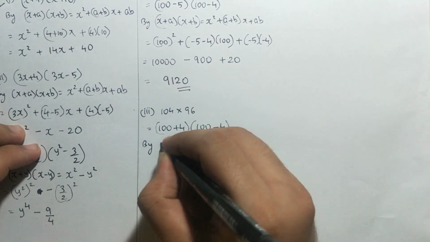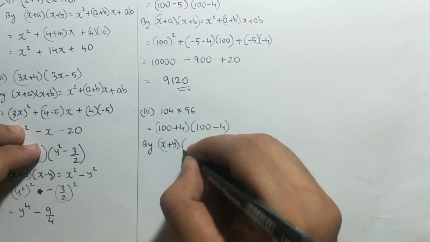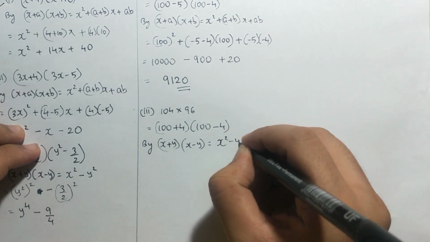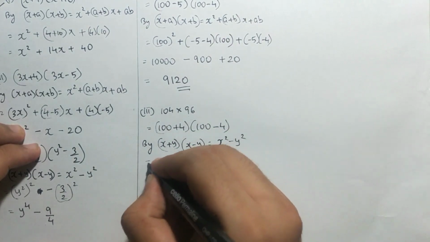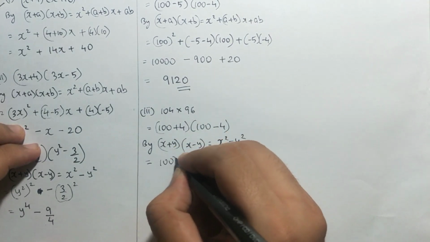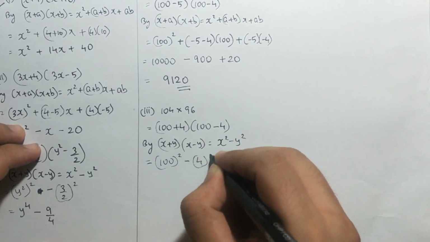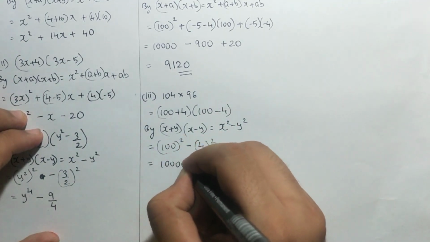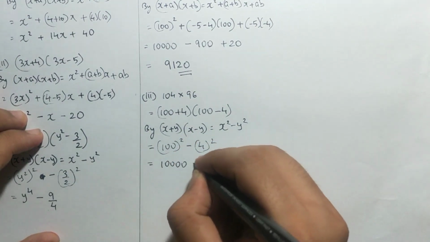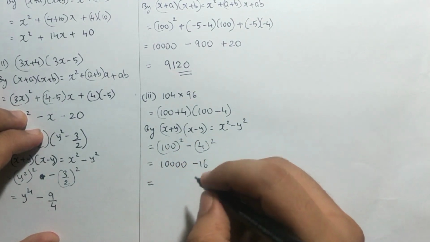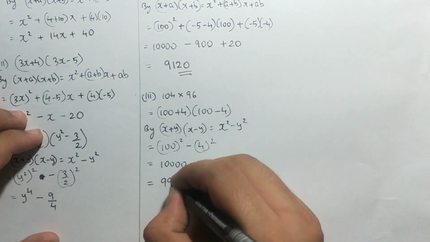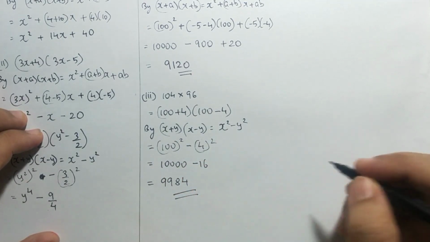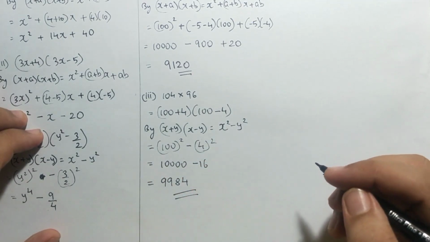So by the identity (x plus y) multiplied by (x minus y) equals x square minus y square, we will get 100 square minus 4 square. What is 100 square? 10,000. Minus 4 square is 16. So 10,000 minus 16 will be 9984. This would be my final answer.